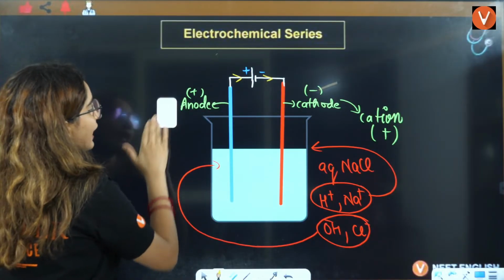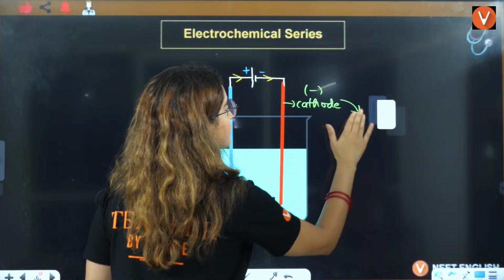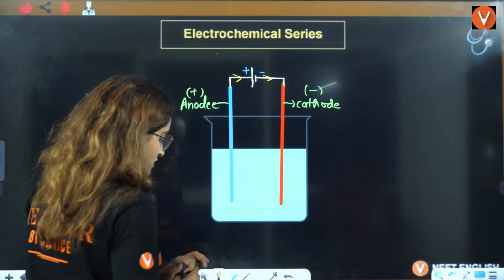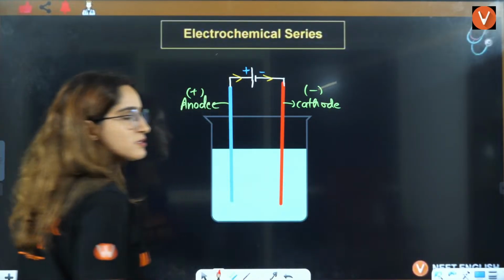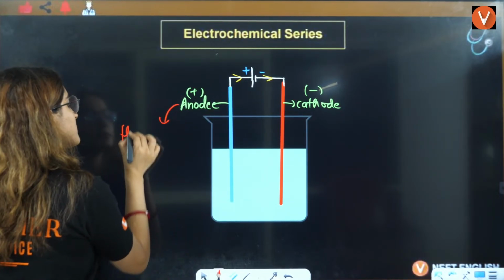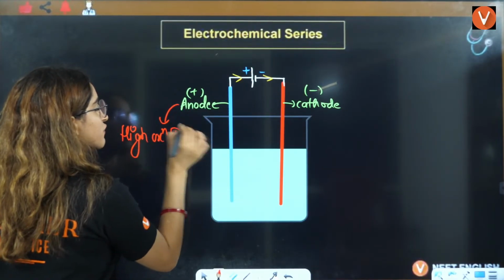Now, on the anode side, which thing will be selected? On the anode side, tell me what happens. On the anode side, oxidation happens. So the one which has high oxidation potential will be selected.